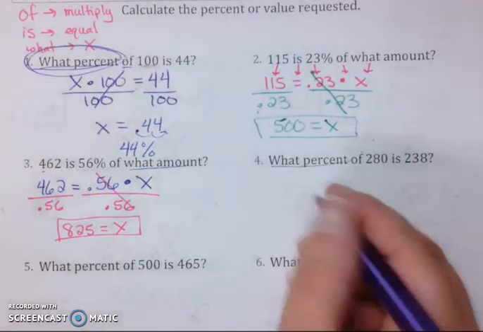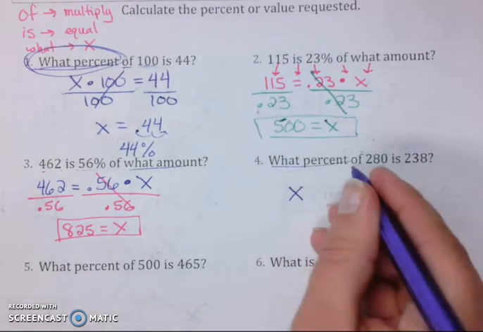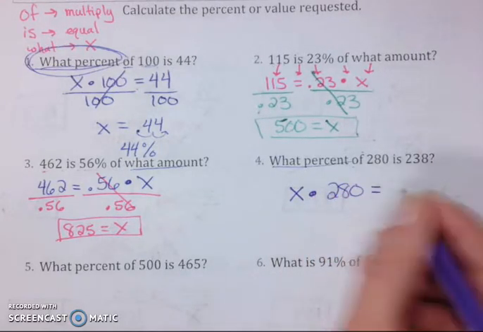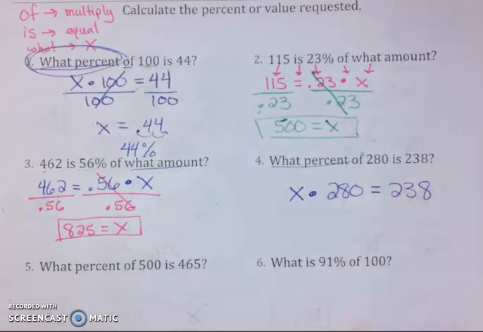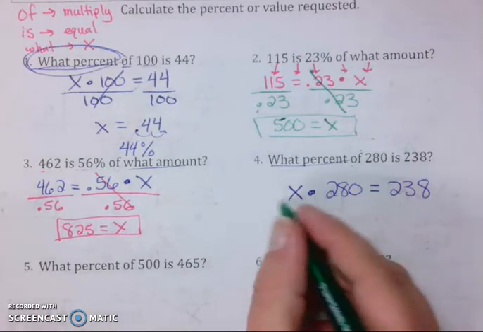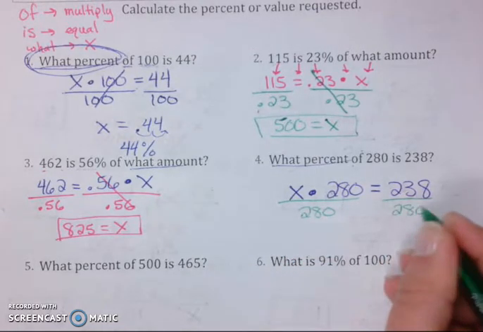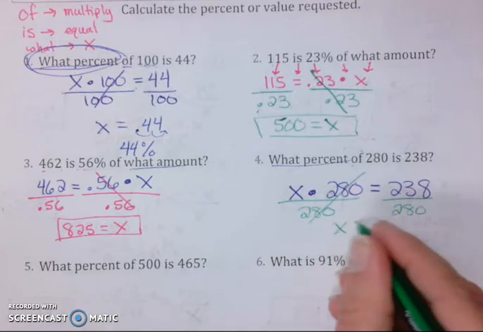Okay, what percent? That's what we're looking for. Of, multiply, 280 is means equals, and 238. Undo this multiplication by dividing by 280. Do the same to the other side so that those cancel.